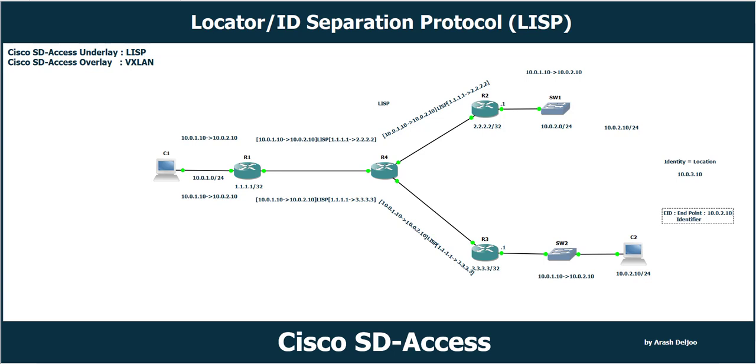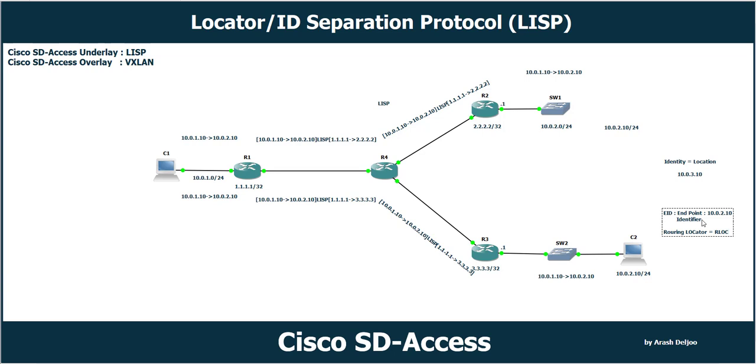It never changes. If you change the location, only the location will change, not the identity. The identity, or endpoint identifier, is always the same. And what is the locator? We say routing locator, or RLOC. Maybe you have heard RLOC.